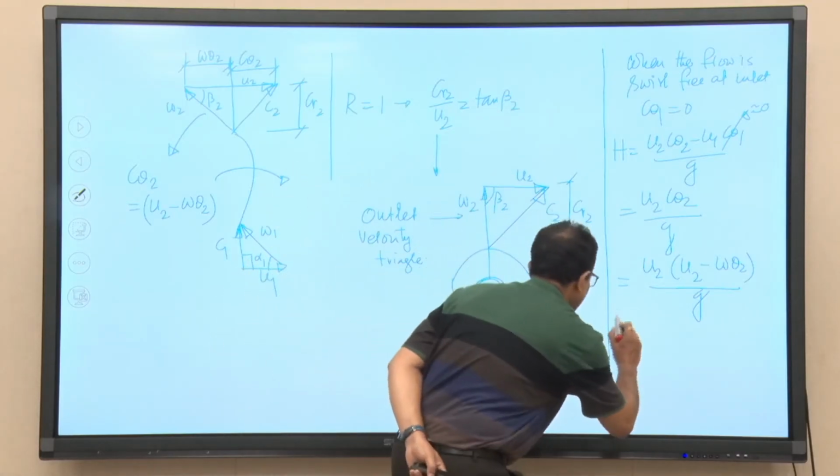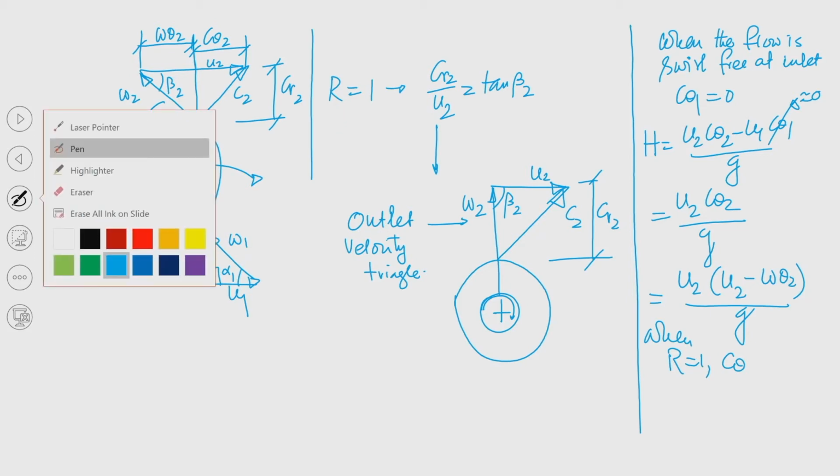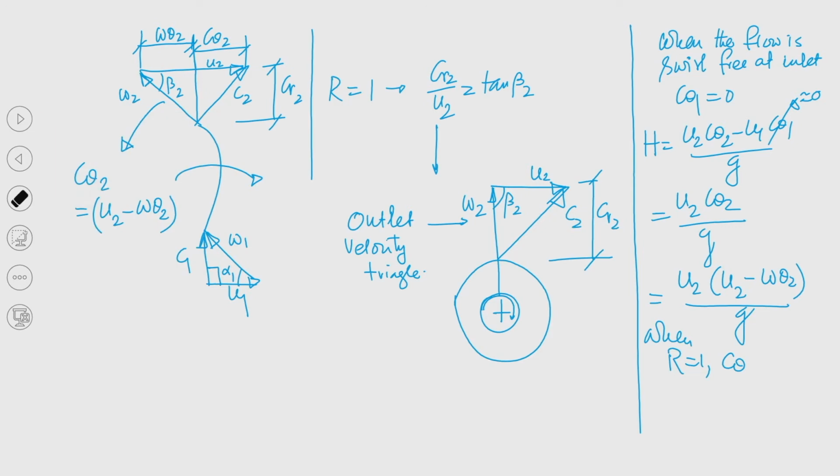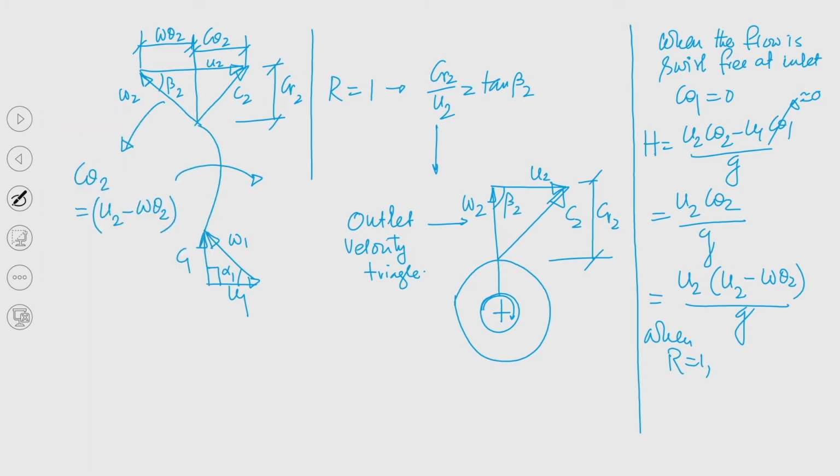So, when R equal to 1, W theta 2 equal to, in fact, I can write in a bit different form. What is W theta 2 in this case? Cr 2 by tan beta 2.